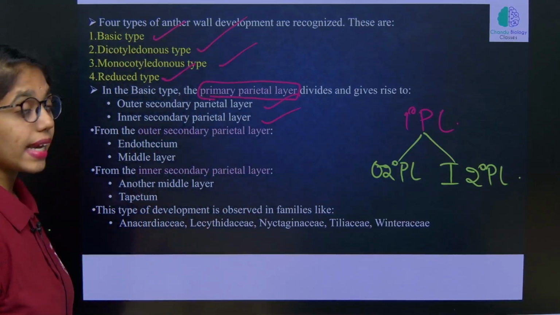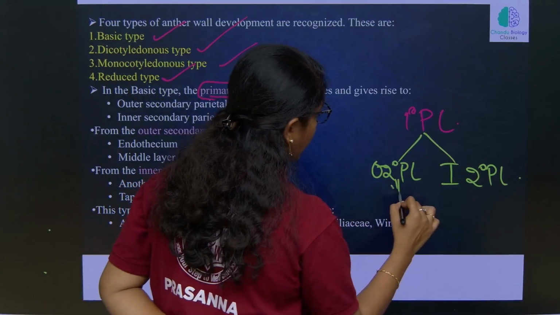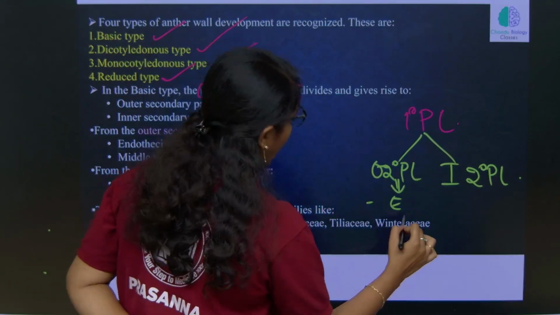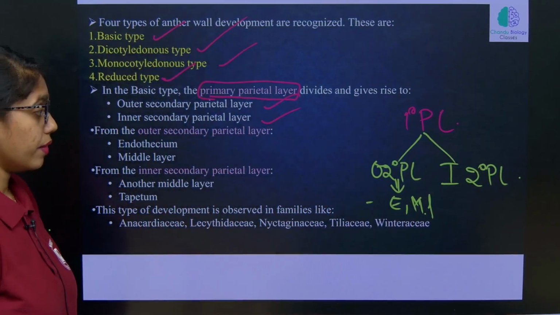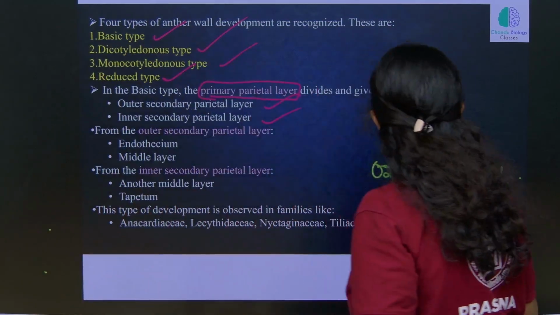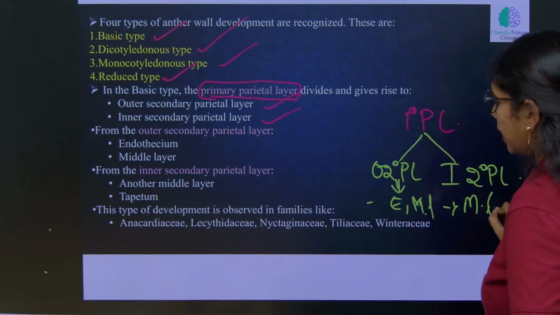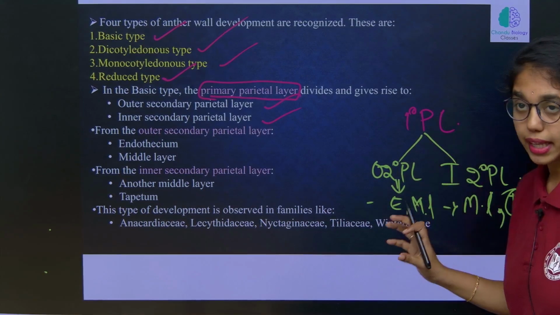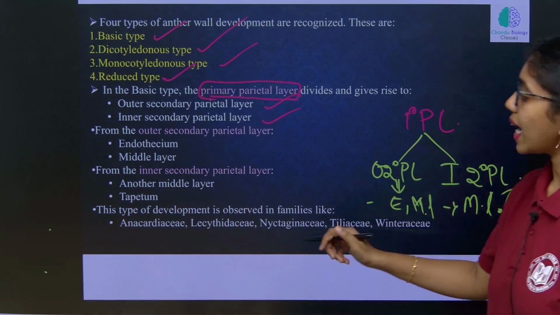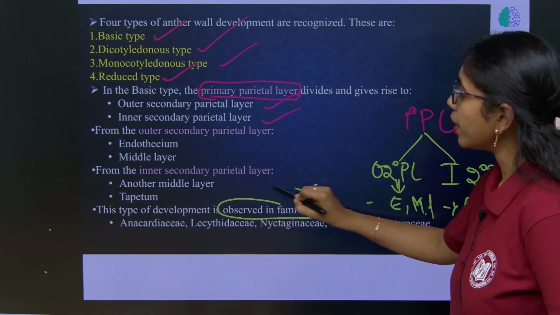The outer secondary parietal layer will give rise to the endothecium and middle layers, and the inner secondary parietal layer will give rise to the inner middle layers and tapetum. This type of development is observed in a few families.